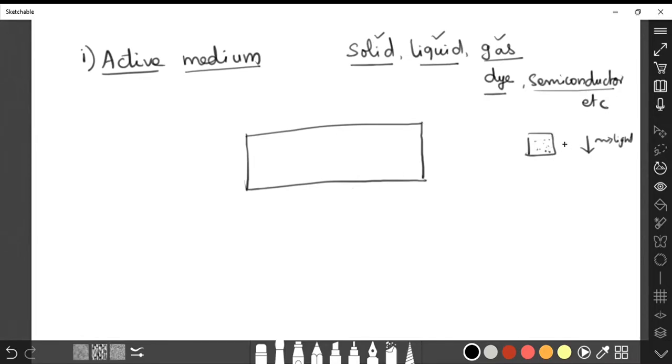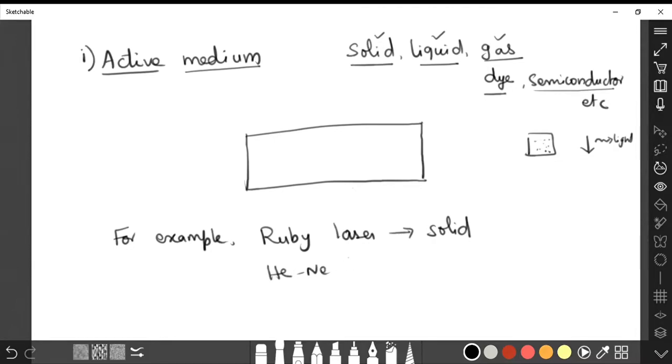Now I have given the examples also. The medium may be solid, liquid, gas, dye, semiconductor, etc. For example, the ruby laser. Ruby is a solid, right? So this is the solid state laser. For example, the helium neon laser. What is helium neon?